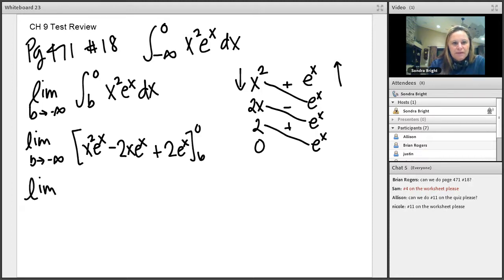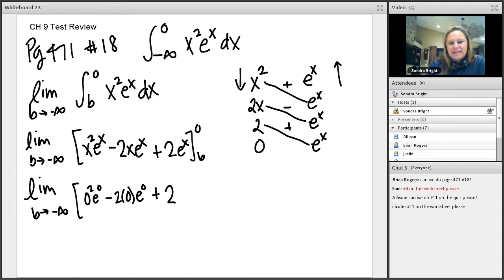So now I'll plug these values in. Plugging in a 0 will give me 0 squared e to the 0, which is just 0, minus 2 times 0 times e to the 0, which is also just 0. But then this one is not: 2 times e to the 0 will just be a 2.